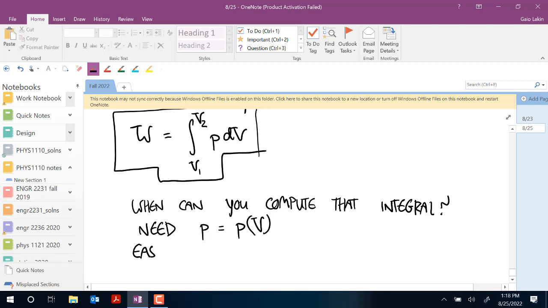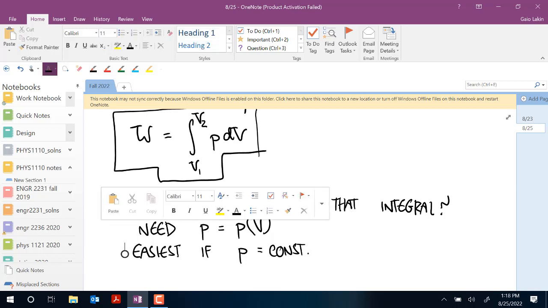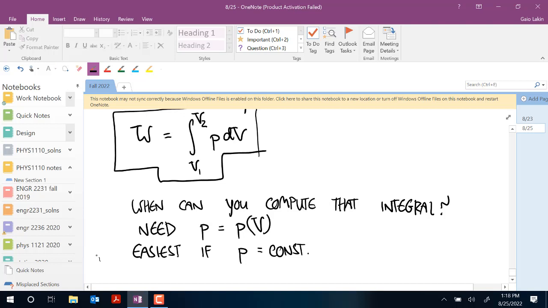It's easiest if the pressure is equal to a constant. You can imagine how to compute that integral in the case of a constant pressure.